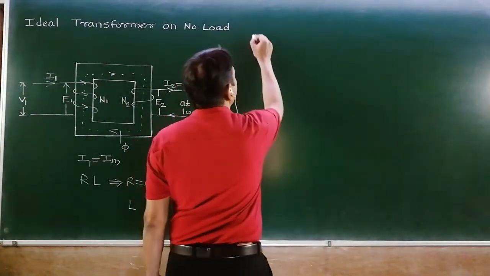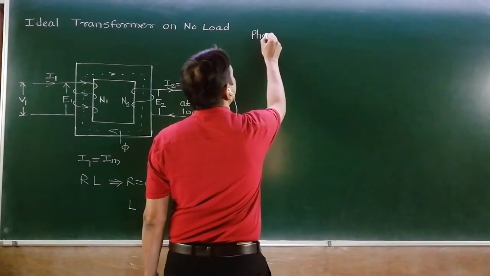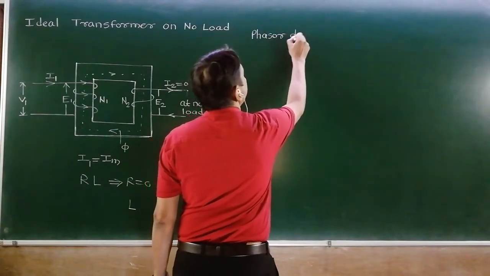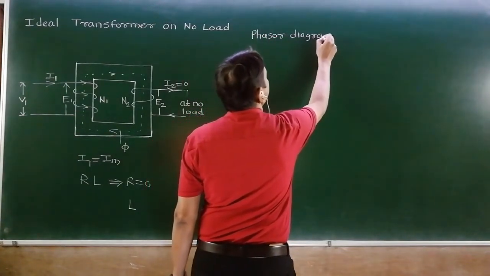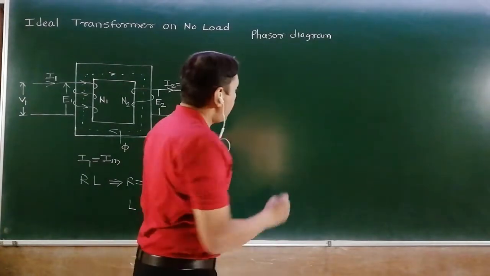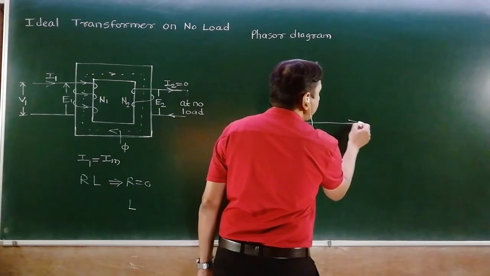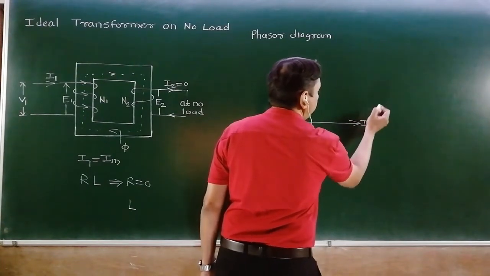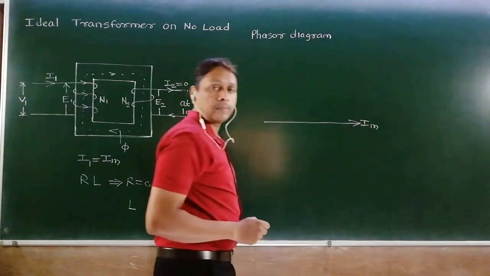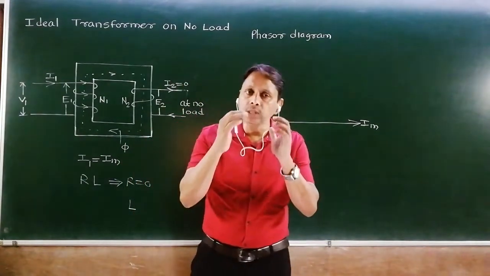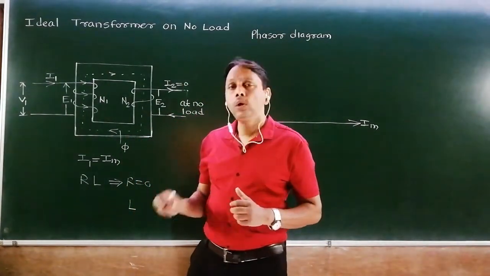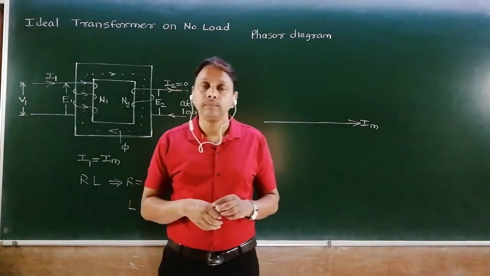For the phasor diagram, I take Im as the reference, on the positive x-axis. With respect to this current, we have to show voltage V1.